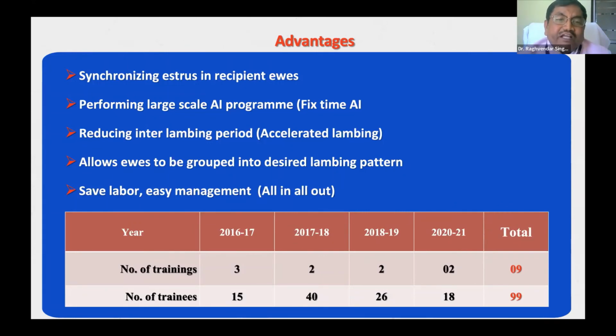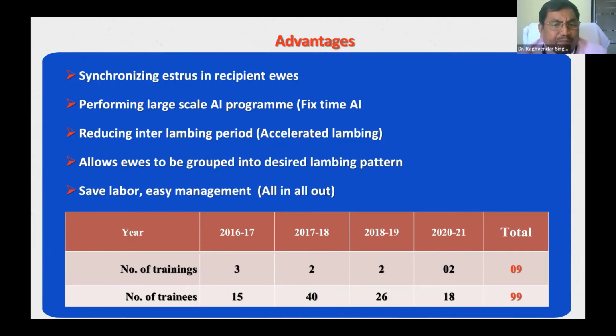The advantage is that it synchronizes estrus in the recipient ewes and allows large-scale AI. With fixed-time AI, after 12 days, within the next 48 hours we can do AI. There is no need to check whether it is heat or not; after this protocol we can do artificial insemination within 48 hours with chilled semen.